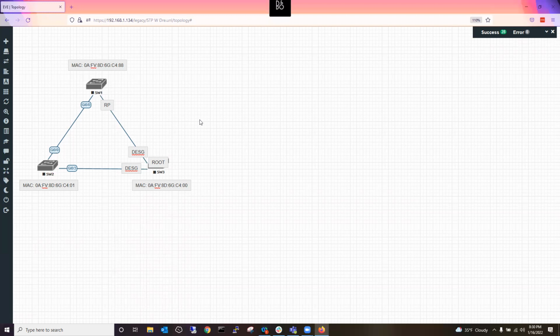Yeah, the cost would be 8, the other route, compared to 4. Got it. Perfect. So that's what determines the fastest way to the root. So cost. All right.